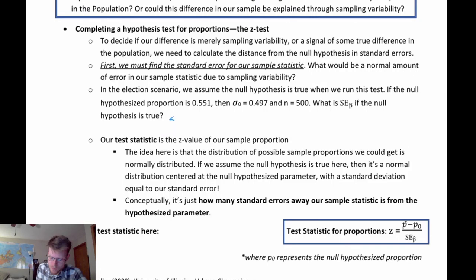The standard error of p-hat, as you might remember, is going to be sigma over the square root of n. Now, since we're using a null hypothesized proportion, we can calculate the null hypothesized sigma value to be 0.497, which we would get if we use the standard deviation formula.